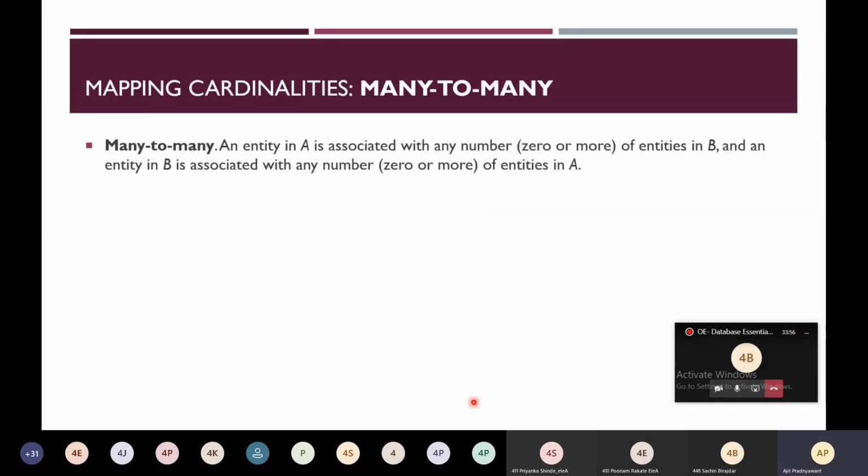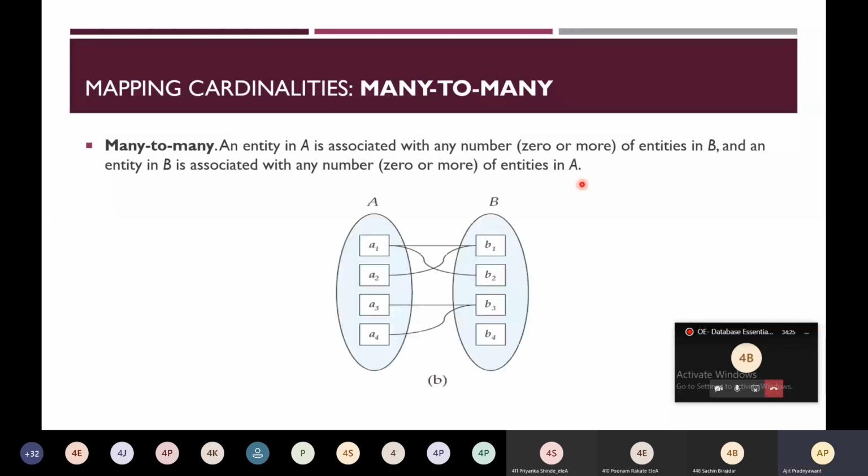Next is many to many. Now you can understand what many to many is. An entity in A is associated with any number, that is 0 or more, of the entities in B. An entity in B is associated with any number, 0 or more, of entities in A. So diagrammatically it will look like this.